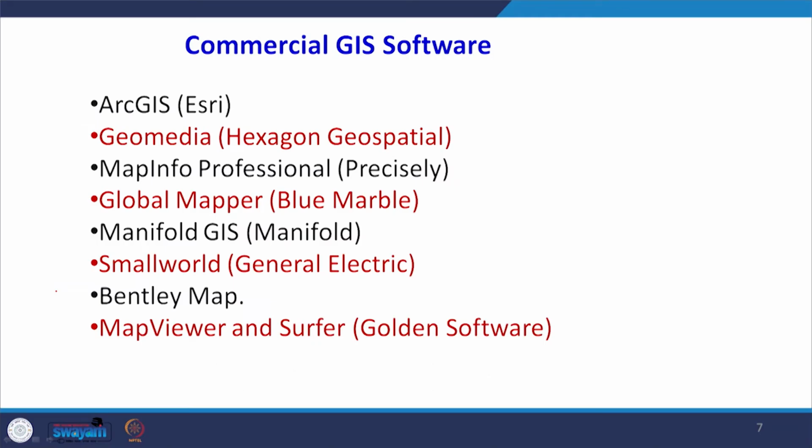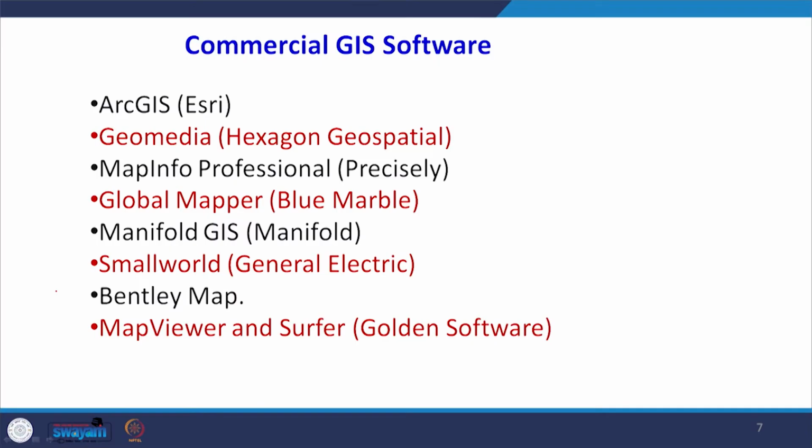Now this shows that there are commercially available GIS software. This is not a complete list, but just an example so that you are aware of the different commercially available software in the market. The first one, for example, is ArcGIS, which has been produced by the ESRI, Environmental System Research Institute, California.